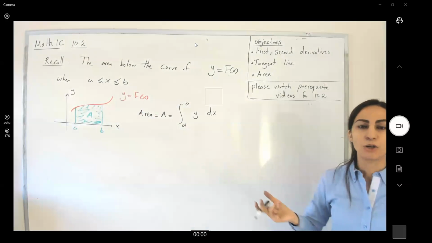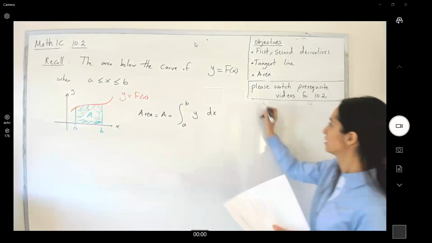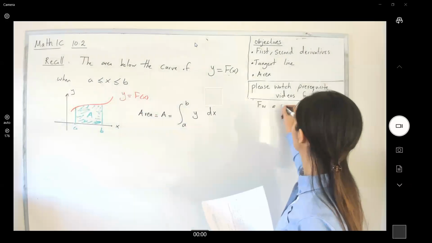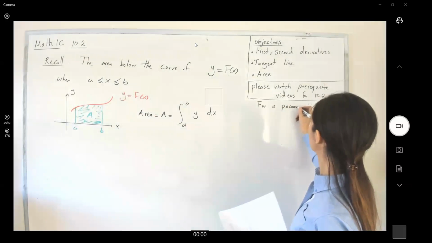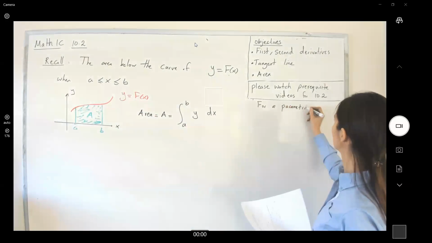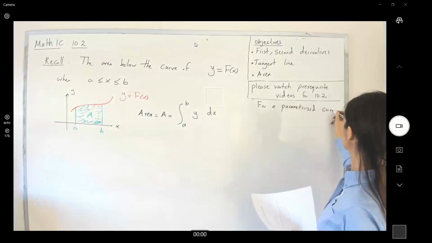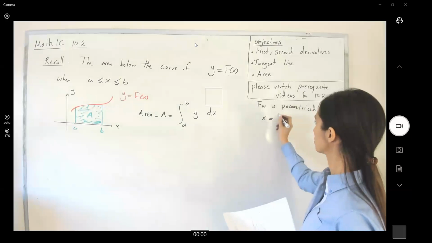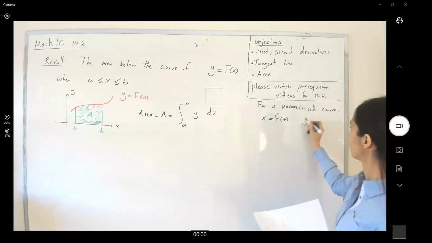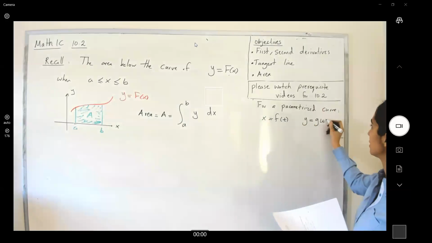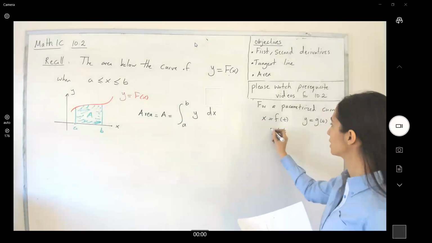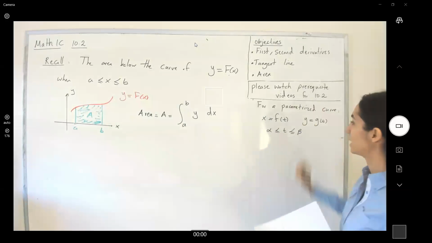Well, now you have a parameterized curve. For a parameterized curve, x equals f of t and y equals g of t when t is bounded between alpha and beta.